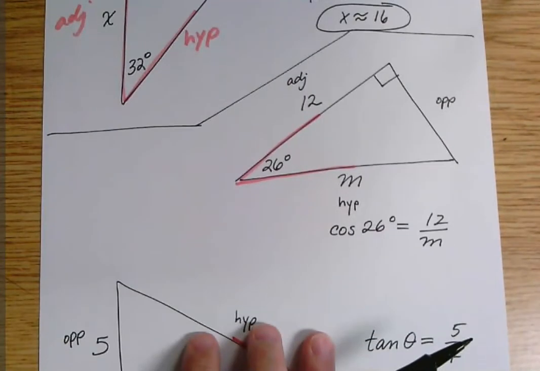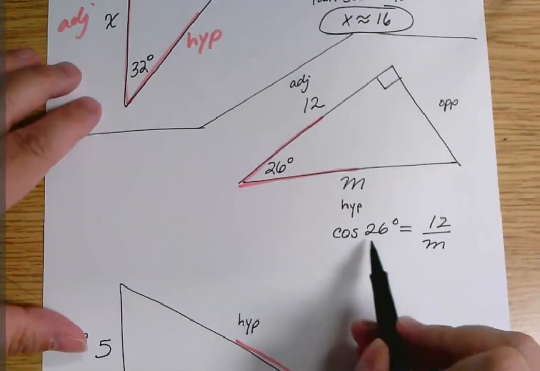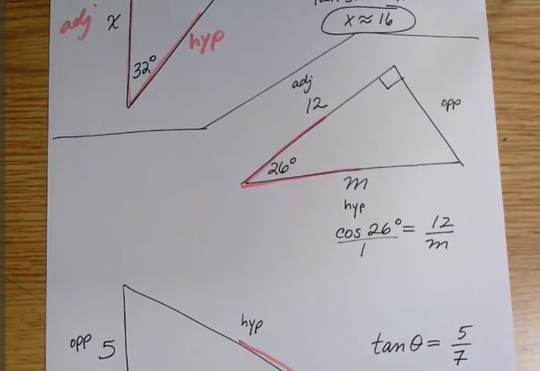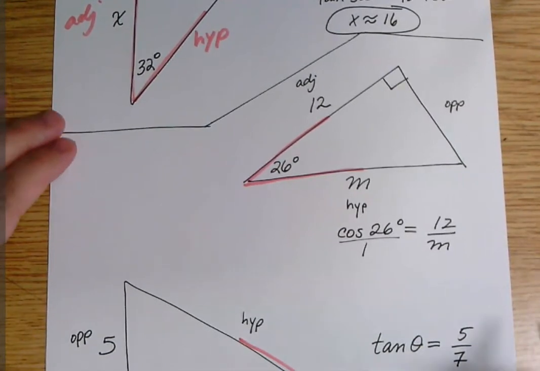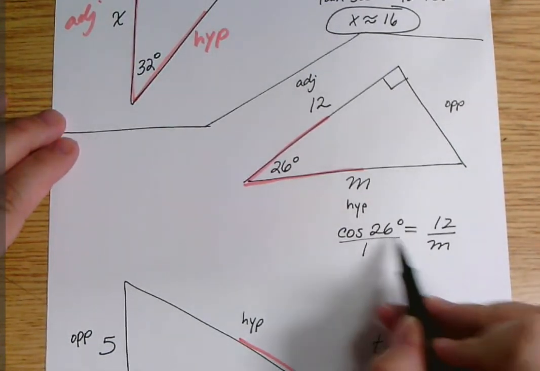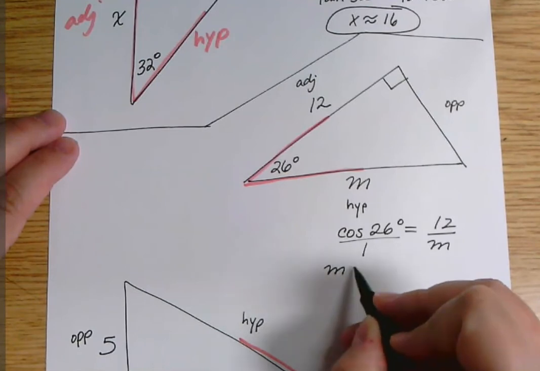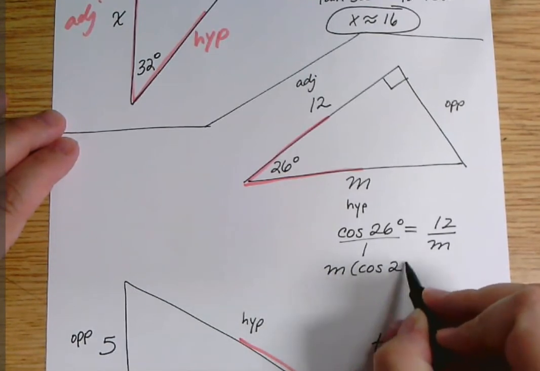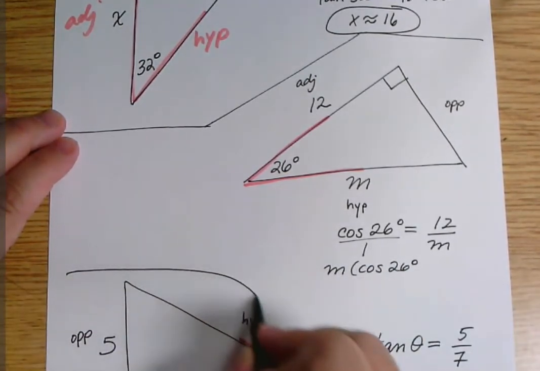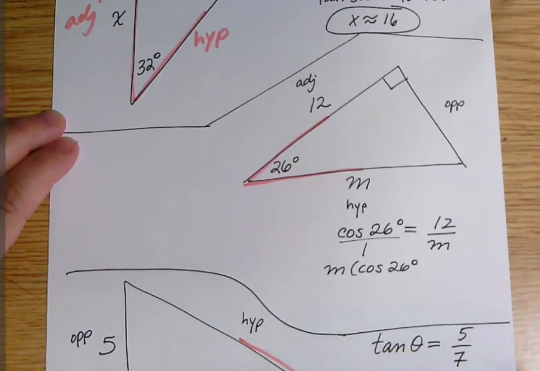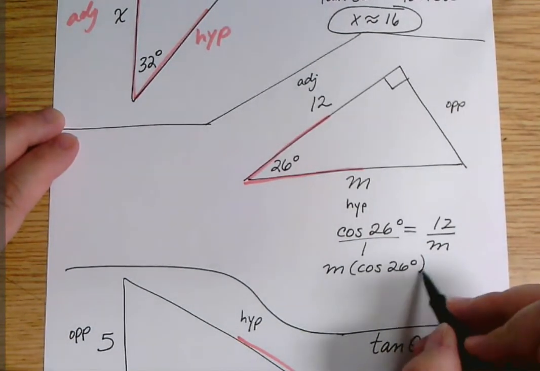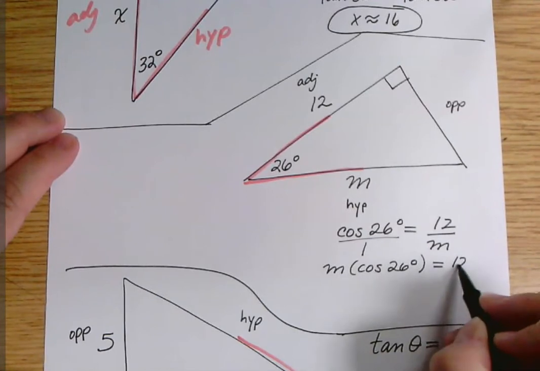All right, here's another one. Let's go ahead and solve it. If you haven't already, you might want to pause the video, try it yourself, and come back. Okay, here we are. We're going to go ahead and cross multiply. I get m times cosine 26 equals 12 times 1.